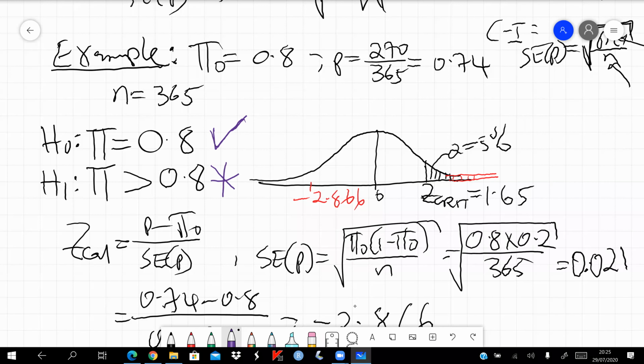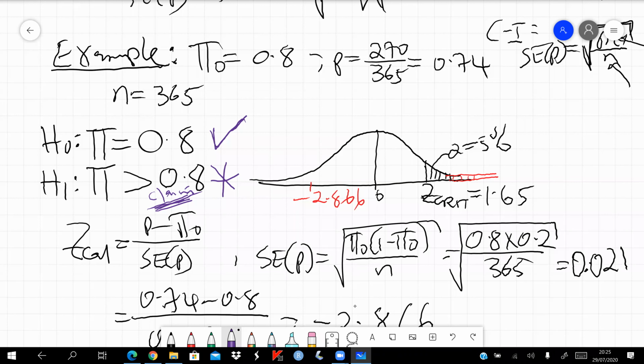When I tick the first one, the other one is a cross. So is the manufacturer's claim justified? No. That was the claim: the manufacturer was claiming that the computers are operational for more than 80% of the time.